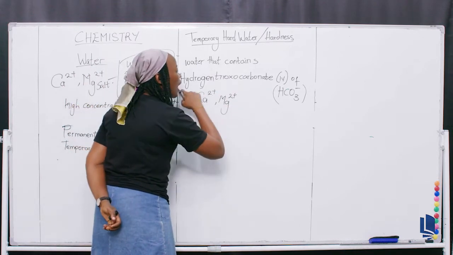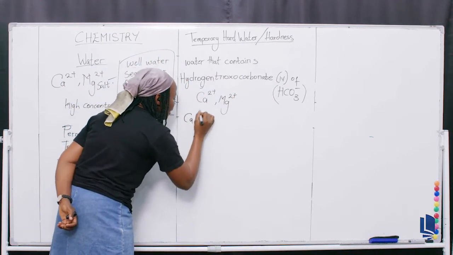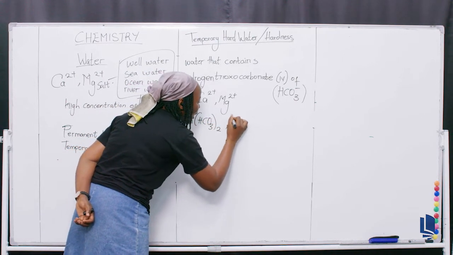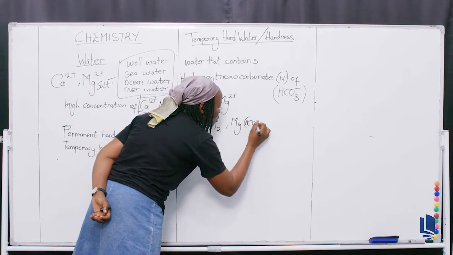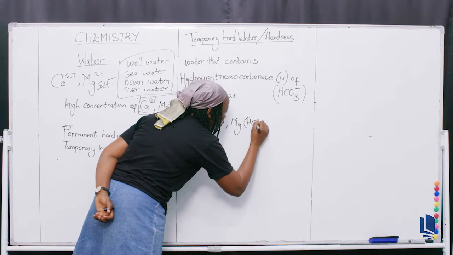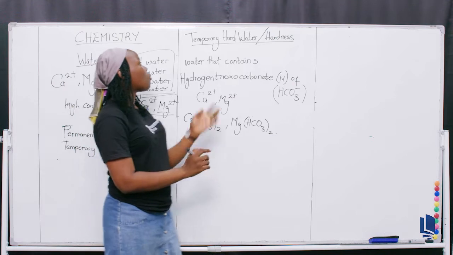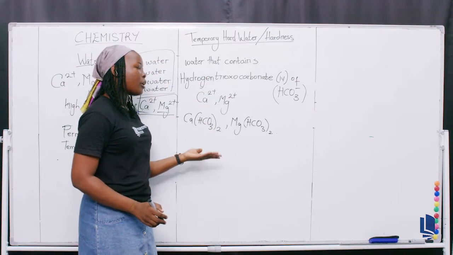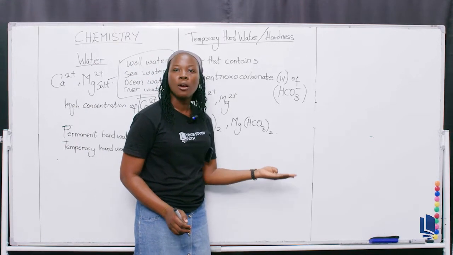Hydrogen trioxocarbonate(IV) of calcium will be Ca(HCO3)2, and magnesium will be Mg(HCO3)2. Temporary water would contain calcium hydrogen trioxocarbonate(IV) or magnesium hydrogen trioxocarbonate(IV).